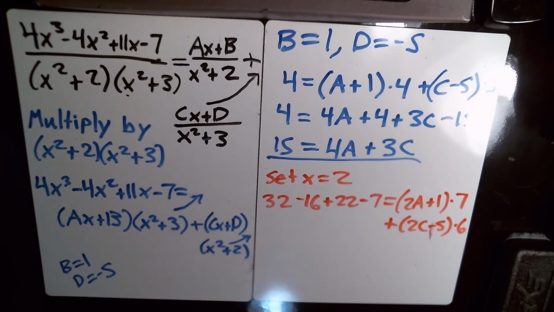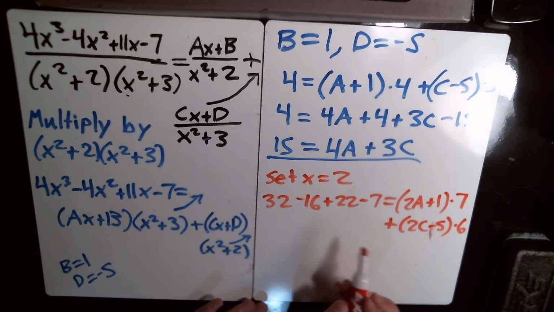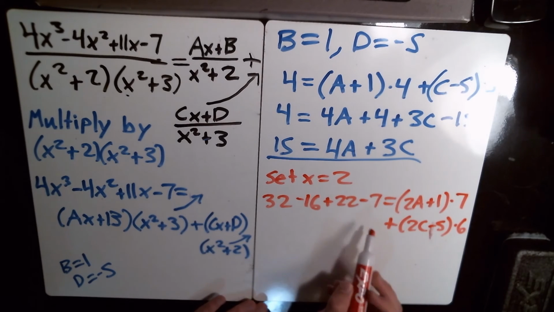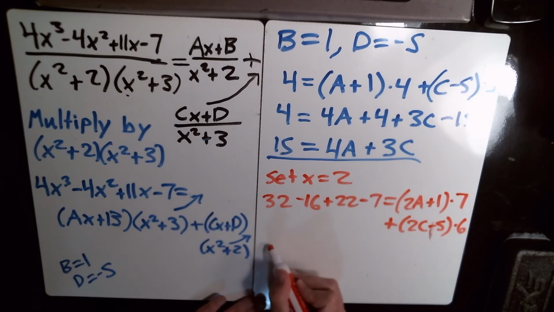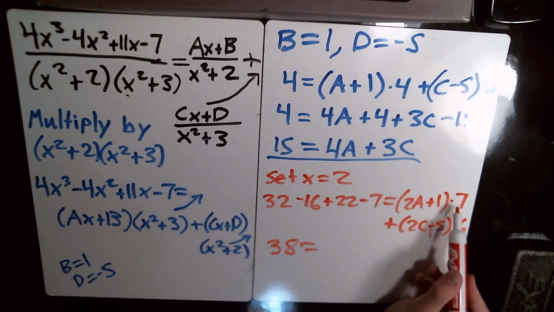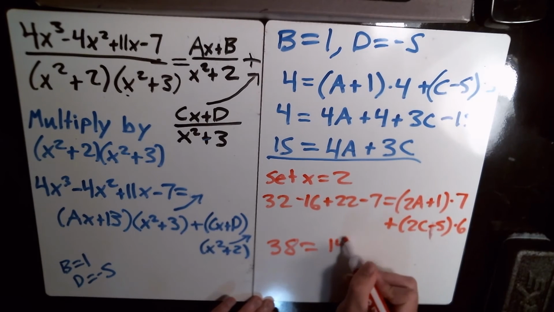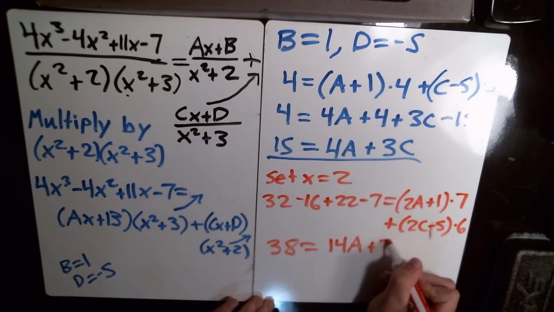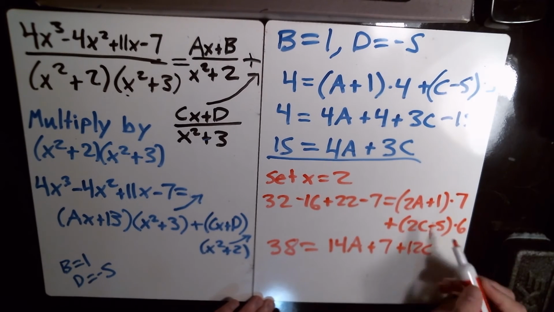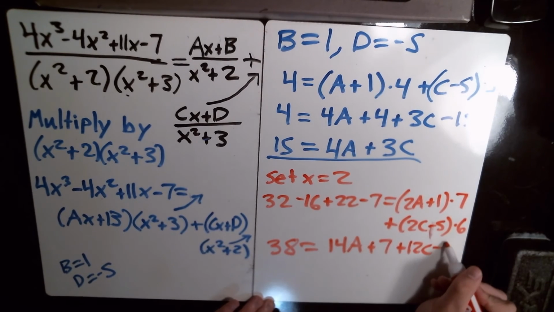Okay, so I'm going to simplify this out a little bit. So 16 plus 22 is 38 is equal to 14a plus 7 plus 12c minus 30.